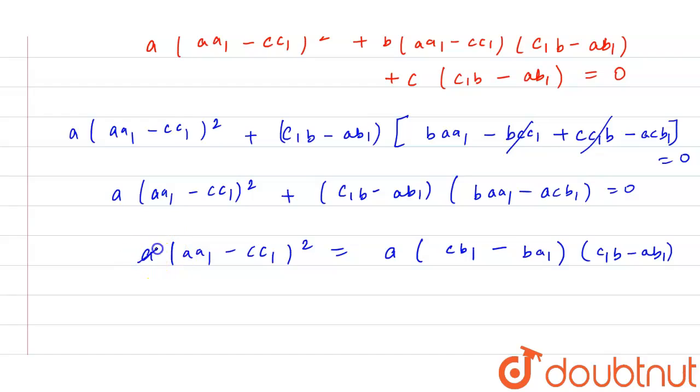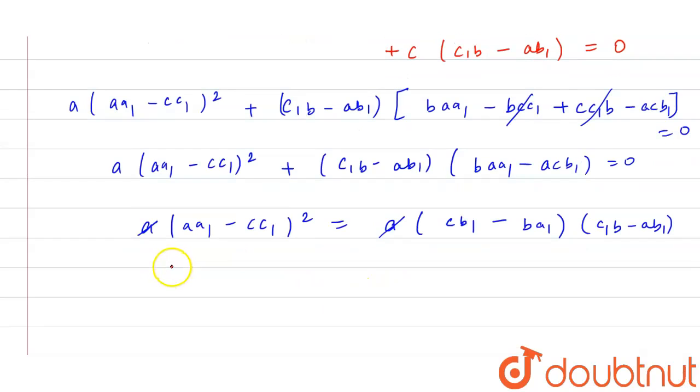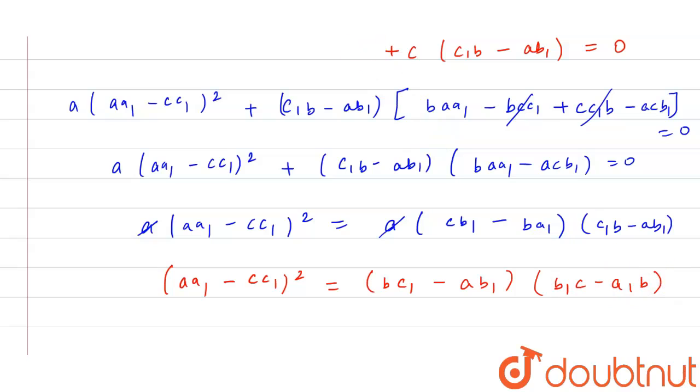The a and a cancel out. So the final answer is that (a1 minus c1) whole square equals (bc1 minus ab1) multiplied by (b1c minus a1b). So this is our final answer. We have to prove this.